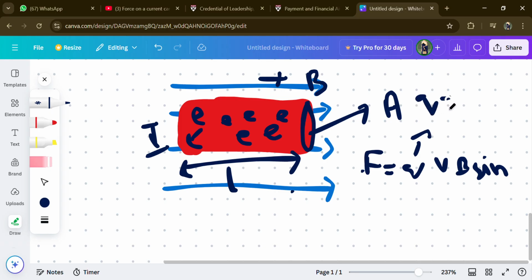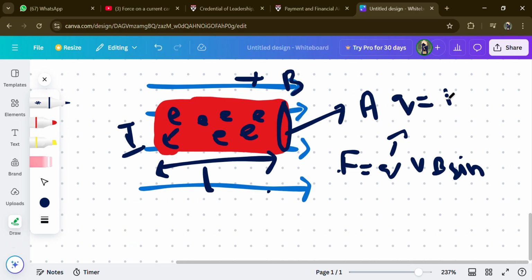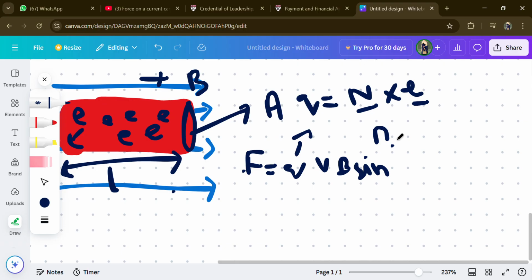Q is often equated to n and e. Now n shows us the number of free electrons and e shows us the charge on an electron. So small n shows us the density that we will be focusing on.